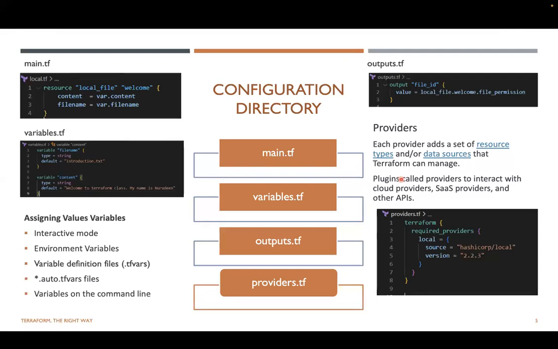We have the main file, main.tf, we have the variables, we have the output, and we have the provider.tf file.